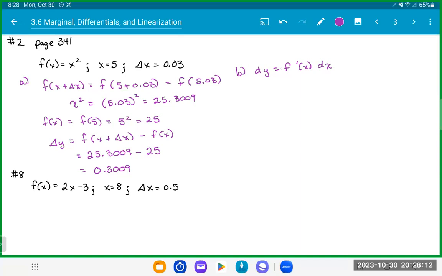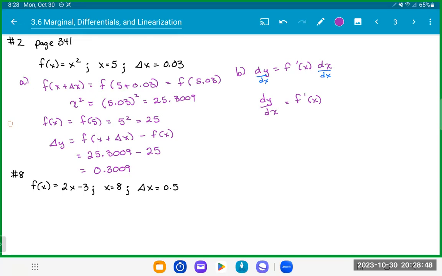If we divide both sides here to get rid of this dx, that leaves us with dy/dx equal to f prime of x, which is what we've been doing. In the past, you saw sometimes I would write dy/dx, sometimes I would write just f prime. They're the same thing, but now we're tying it all in and seeing why it is how it is.